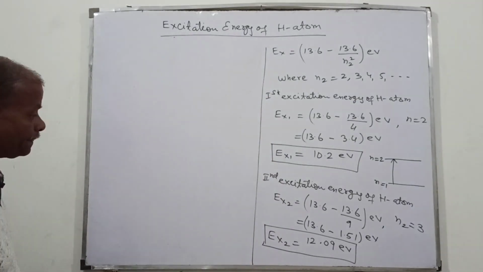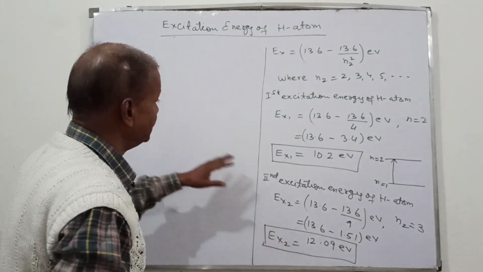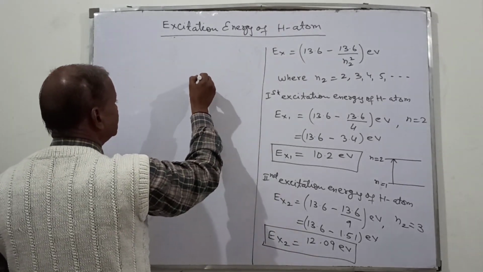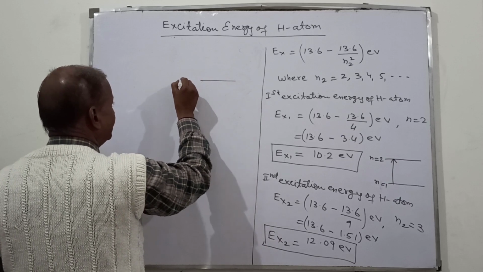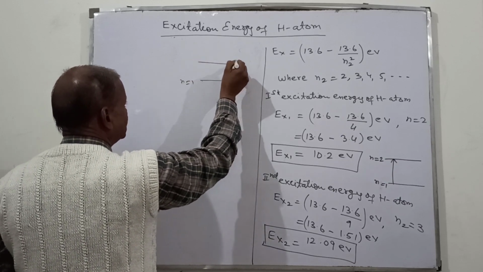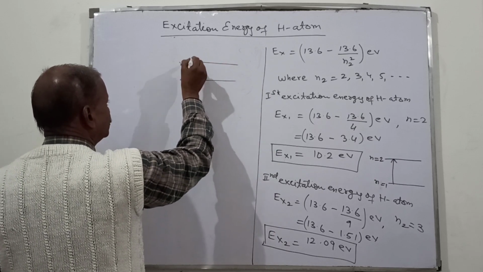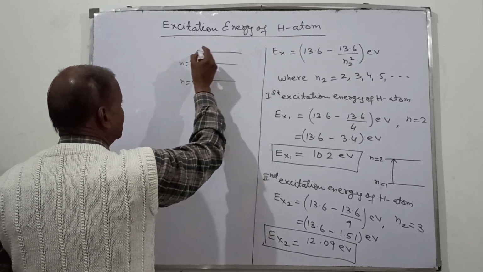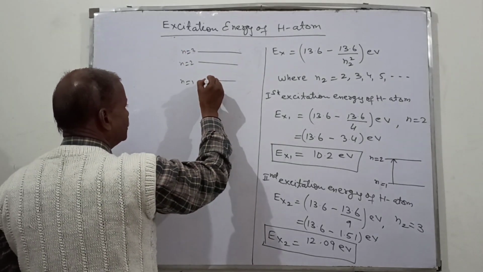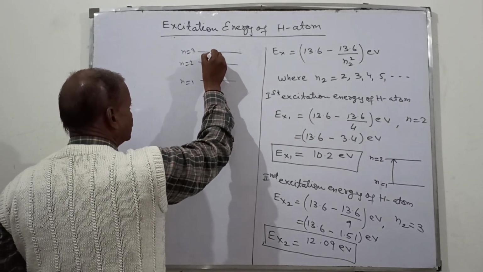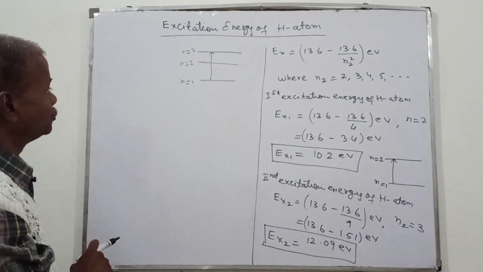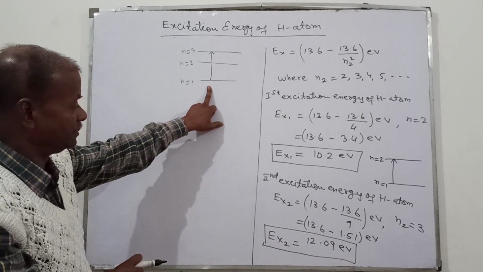In the diagram, this is n equal to 1, this is n equal to 2, this is n equal to 3. The electron is being excited from n equal to 1 to n equal to 3. So this is the second excitation energy.